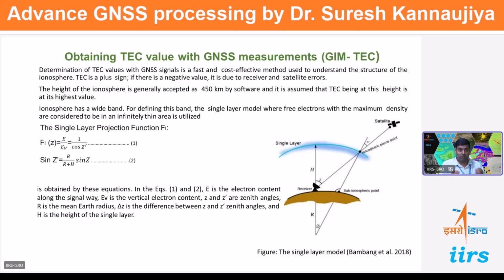So this is the future demand: we need to model the data and decompose it, to separate the observations from the solar, geomagnetic, and seismogenic activity, constrain it, and use it for the hazard study.